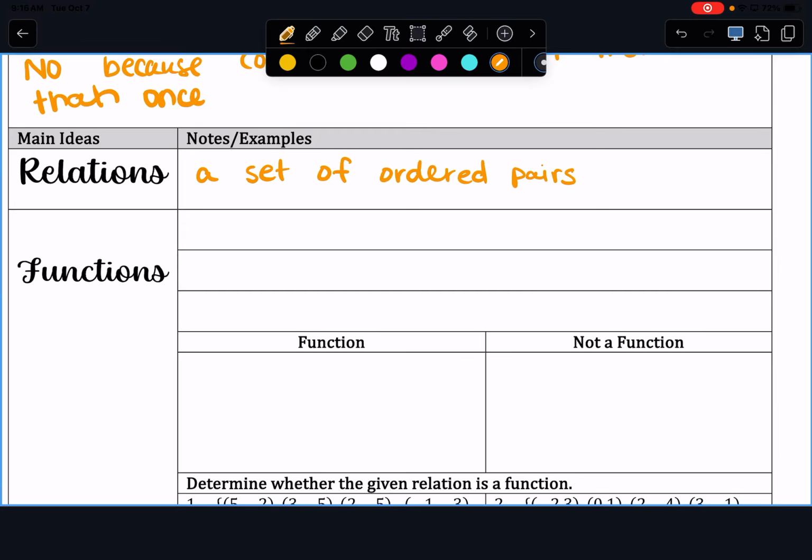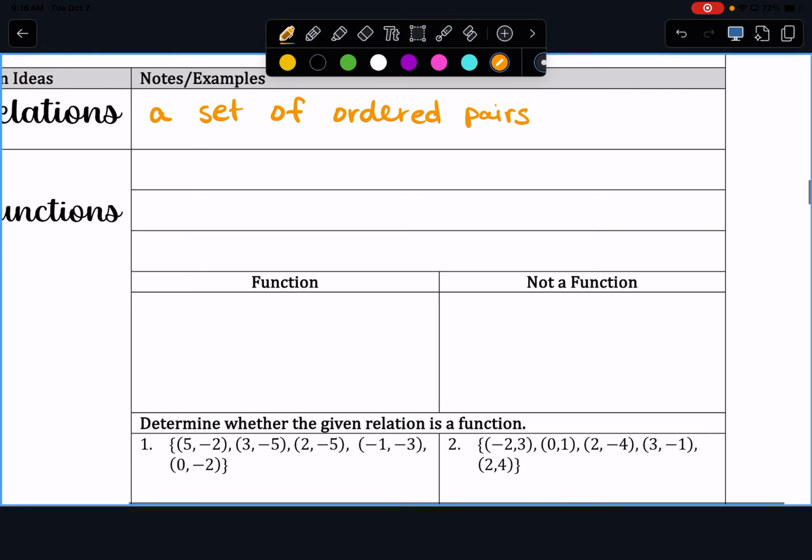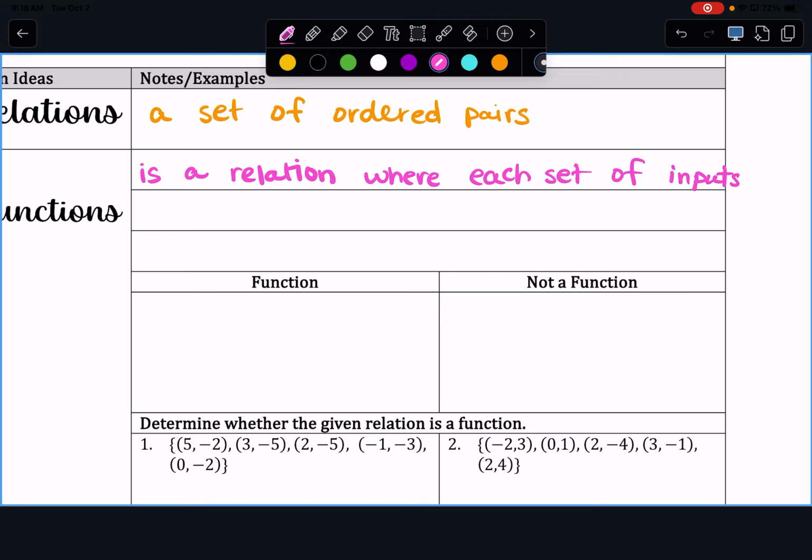A function is a relation where each set of inputs, which are our x, has exactly one output, which is our y.